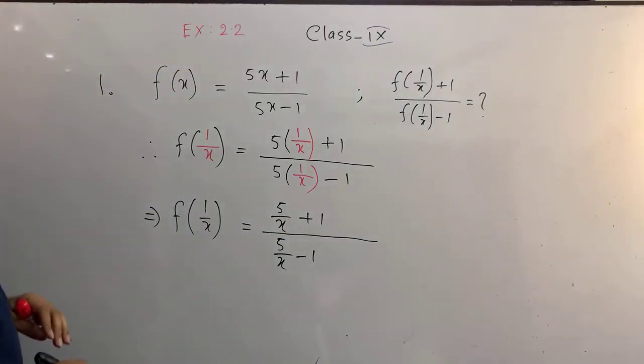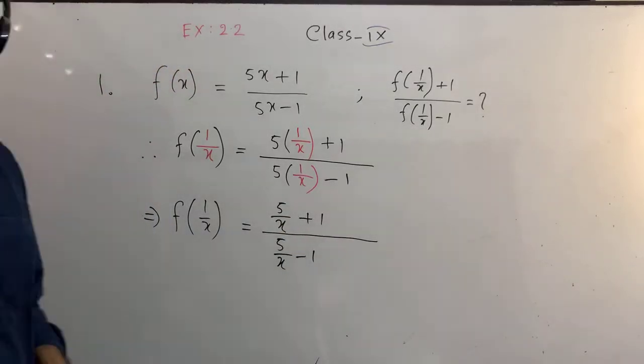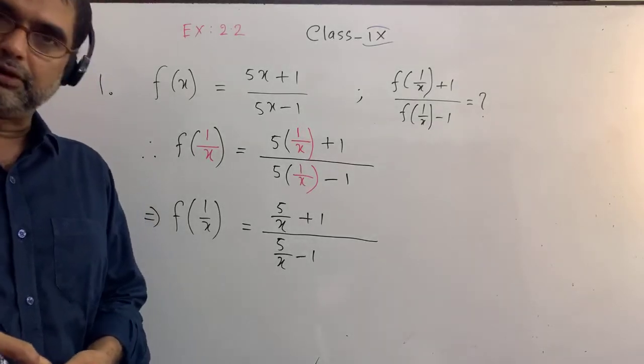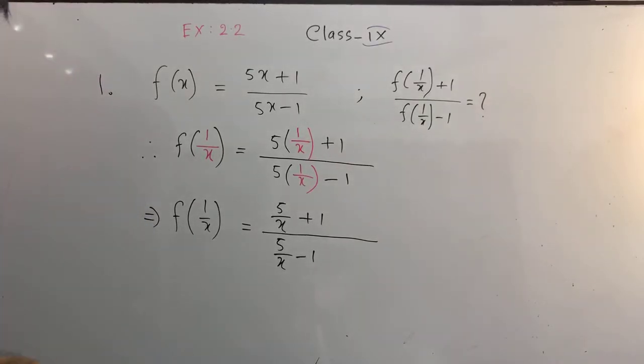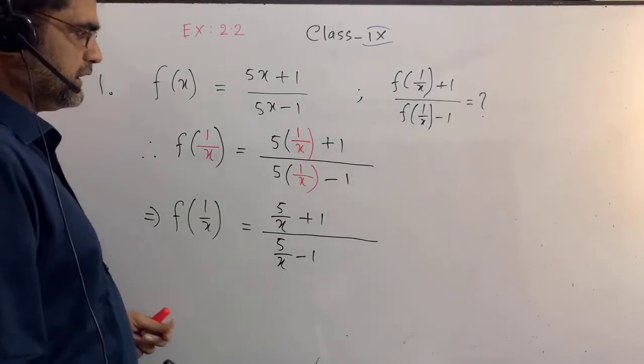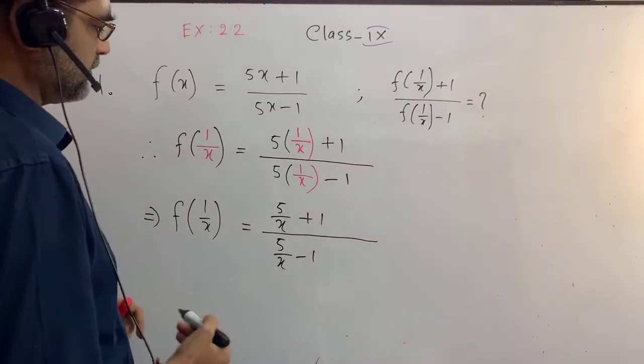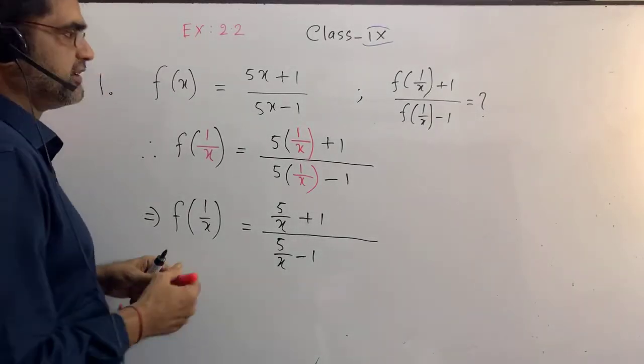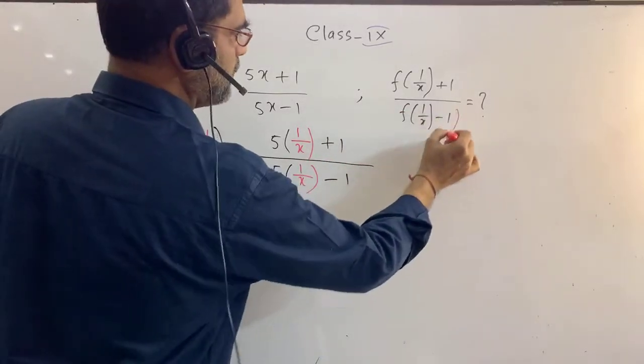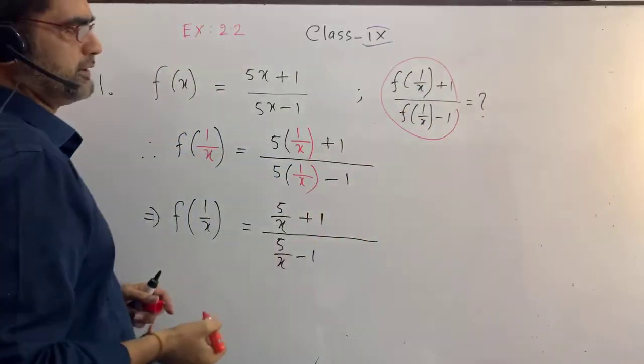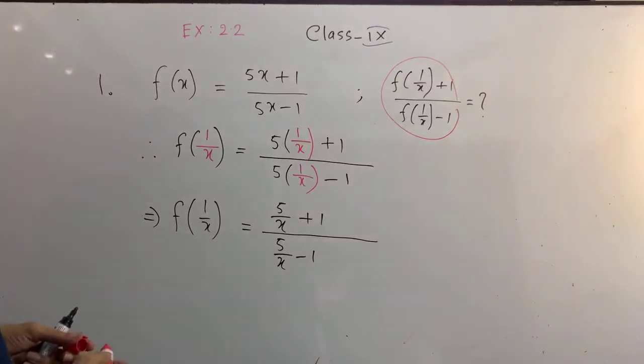It is actually componendo and dividendo. Okay, componendo and dividendo. You have to do now componendo and dividendo, because this math is now in the form of componendo dividendo. How does it come? You please see here.